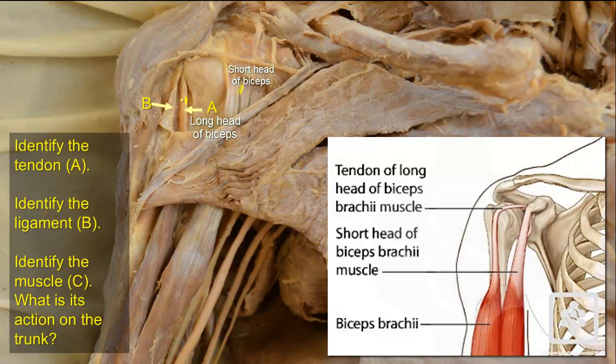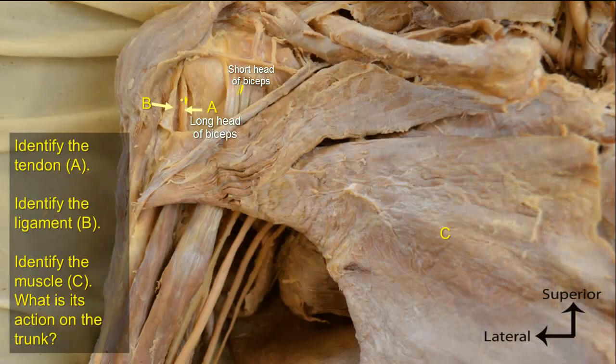Remember that the long head of biceps arises from the supraglenoid notch within the capsule of the shoulder joint, and it leaves from the inside of the capsule underneath the ligament B, which is the transverse humeral ligament. This ligament bridges over the superior end of the intertubercular groove, converting it into a canal for the passage of the tendon of the long head of biceps.